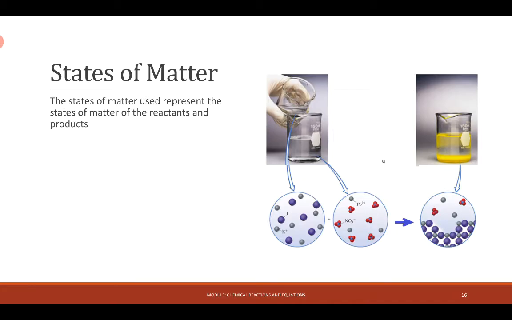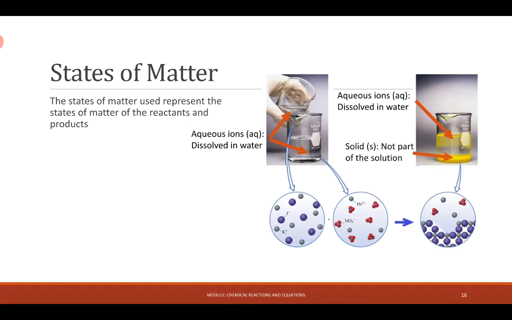So those states of matter are shown here. For instance, we have 2 aqueous solutions here. You can't see what's dissolved in them, but this first solution contains potassium and iodine ions, and the second solution contains lead and nitrate ions. When the 2 solutions are mixed, there still are some ions in solution, but there's also a solid down at the bottom of the container.